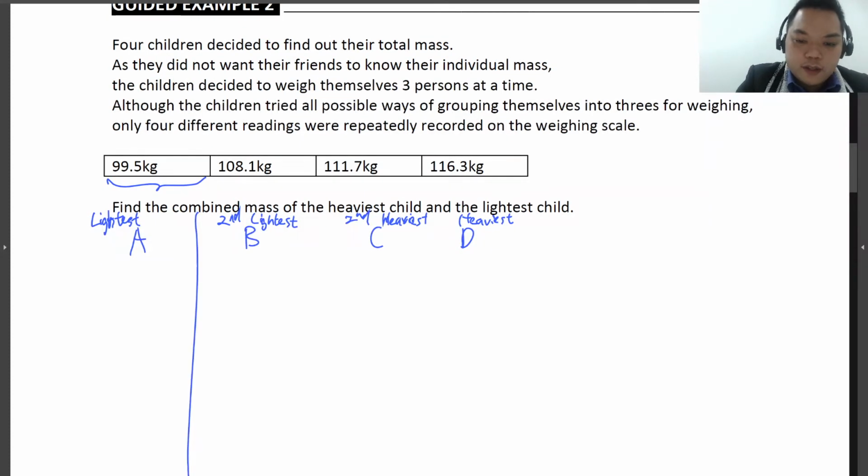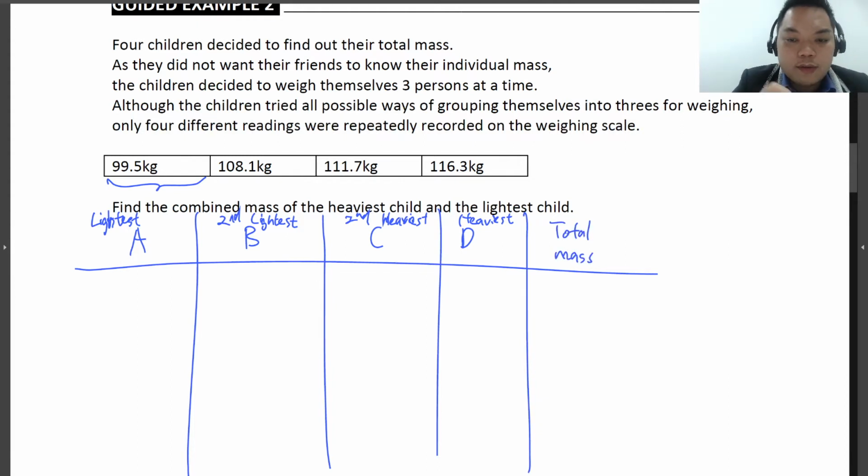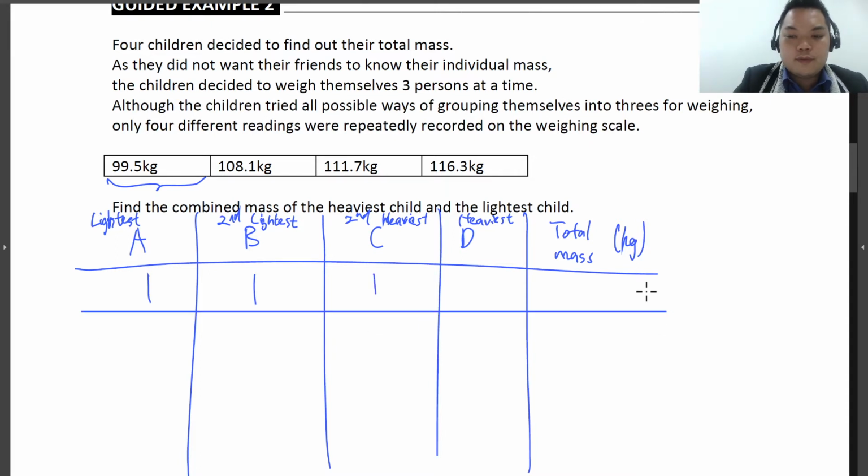So we can think of it this way. This is the logical connection that you have to be able to form first. If you have 1 of A, 1 of B, and 1 of C, the total mass here will be 99.5 kg.